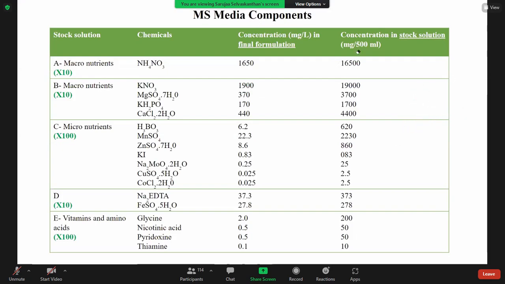Then, how to prepare the stock solution means we are going to concentrate it. These nutrients we are going to concentrate in the solutions, right? So if we are going to prepare 500 milliliter of stock solution A, we have to measure 16,500 milligram, tenfold higher than the final formulation.